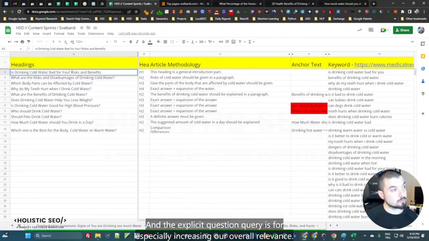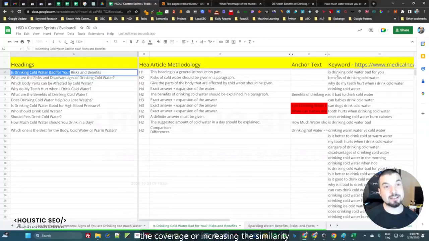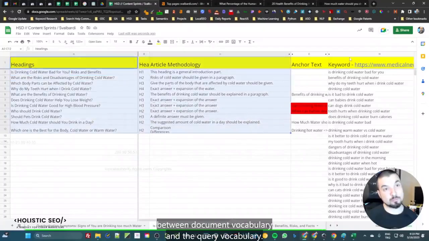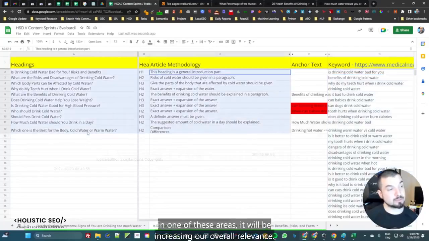The explicit question query is especially for increasing our overall relevance. There is one thing that won't change in information retrieval, and it is directly increasing the coverage, or increasing the similarity between document vocabulary and the query vocabulary. Whenever one of these things appears in one of these areas, it will be increasing our overall relevance.